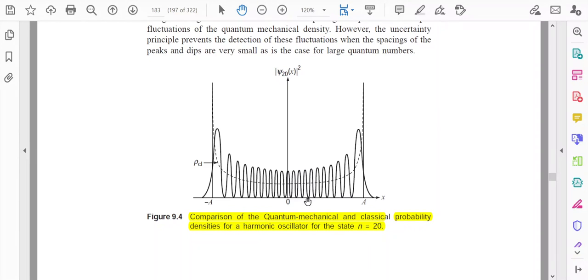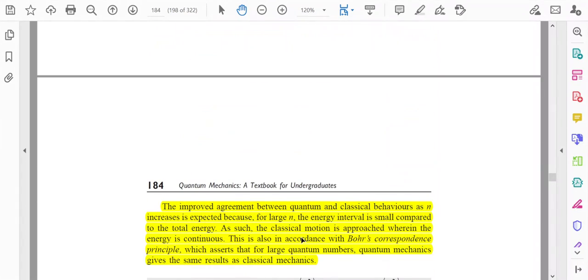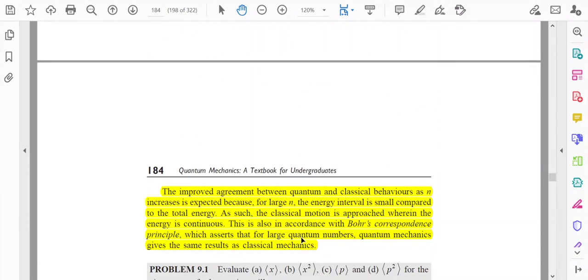So as we increase the state n, the position of the classical probability and the quantum mechanical probability approach very close. So this is basically in agreement with Bohr's correspondence principle.